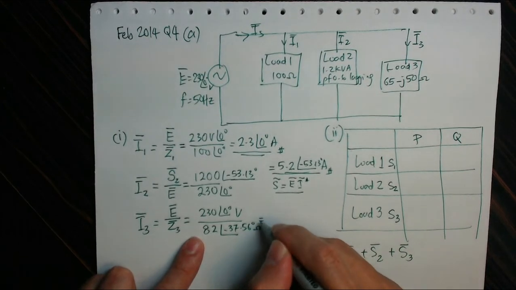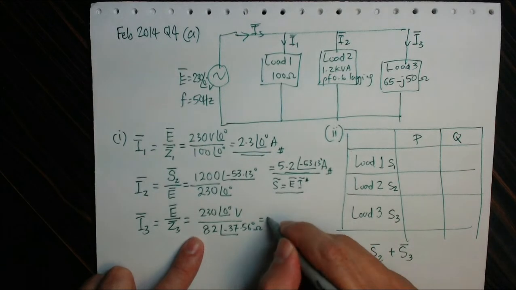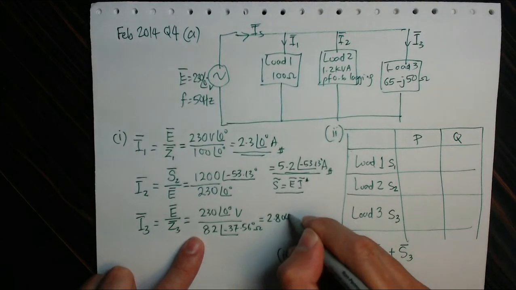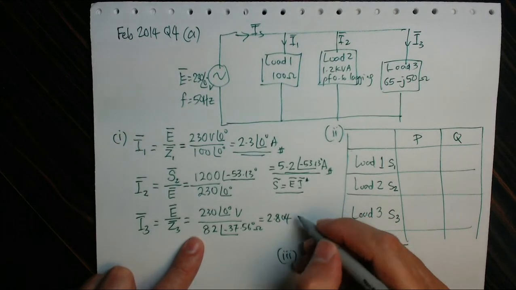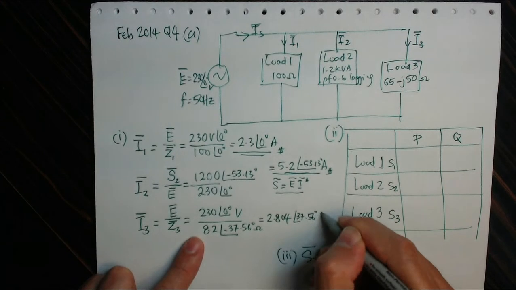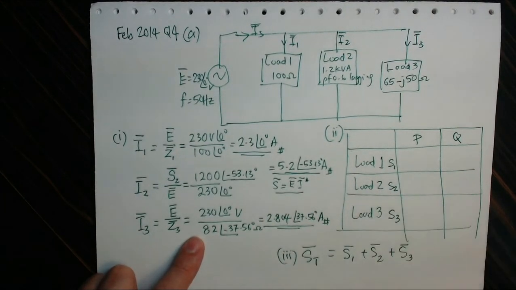That gives me a current of 2.804 ampere, at an angle of 37.56 degrees. Okay, so that's the three currents there.